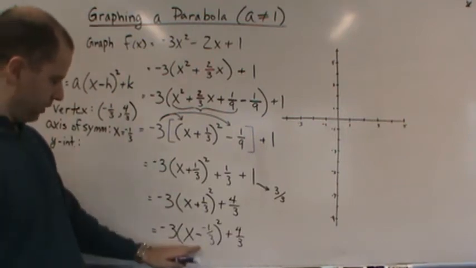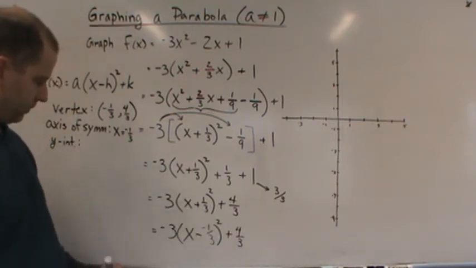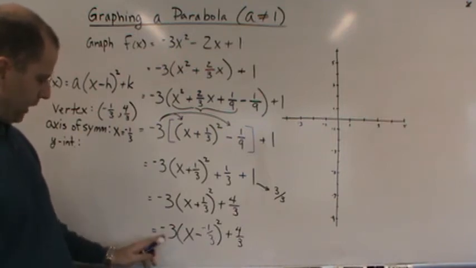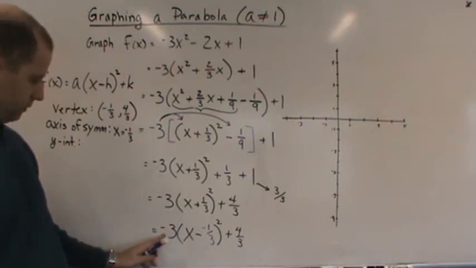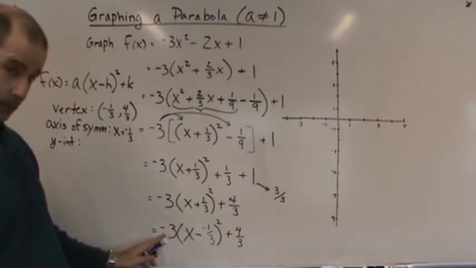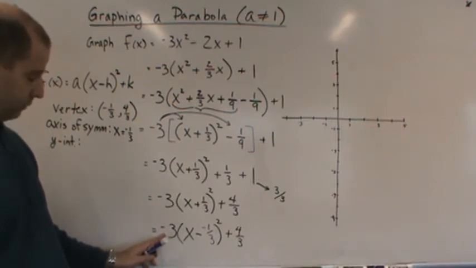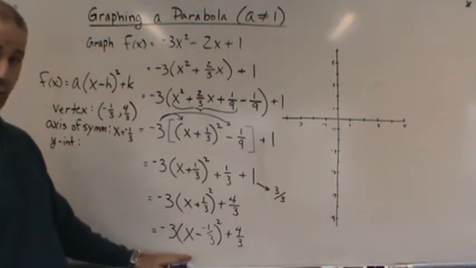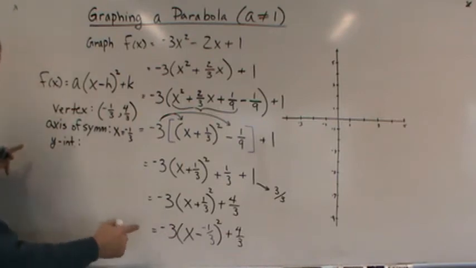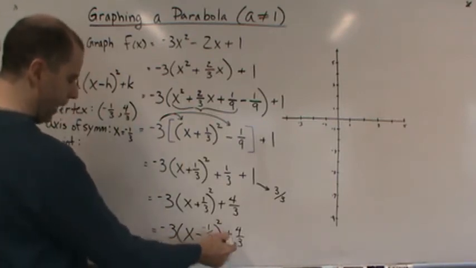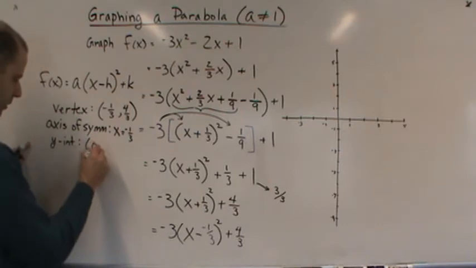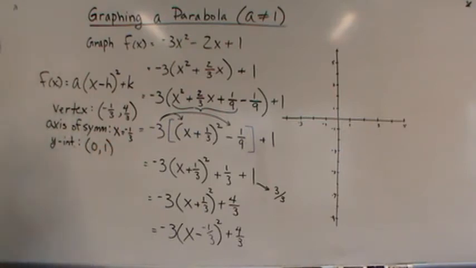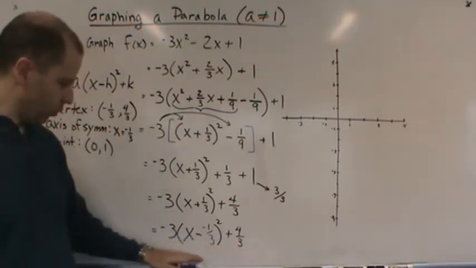So 1/3 squared is 1/9. 1/9 times a -3 gives us a -1/3. And then -1/3 plus 4/3 gives us 3/3, which is going to give us 1. So when x is 0, we get y equal to 1. So the y-intercept is going to be 0, comma 1. Again, verify this. Plug it in, work this out.